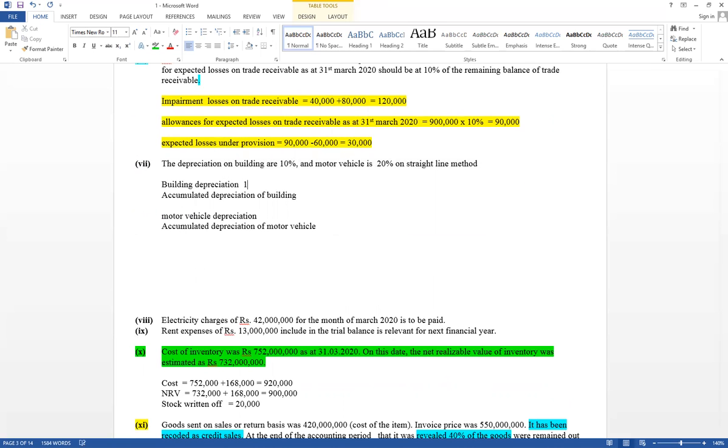Building value equals 1,300,000; based on that value, 10% equals building depreciation 130,000. Motor vehicle is 1,900,000; based on that value, 20% equals 380,000. Then the accumulated depreciation closing balance should be included in financial position.